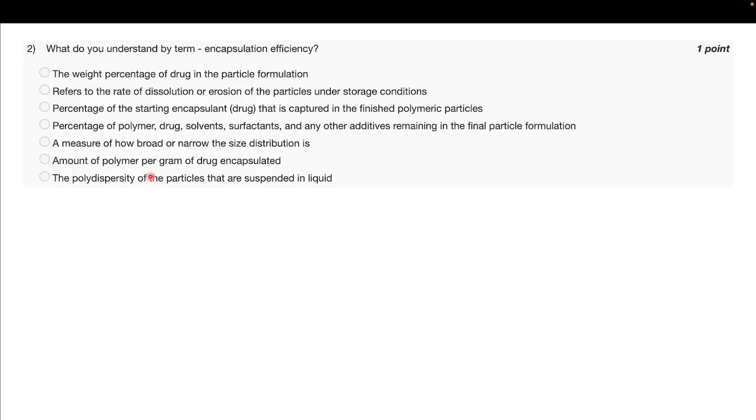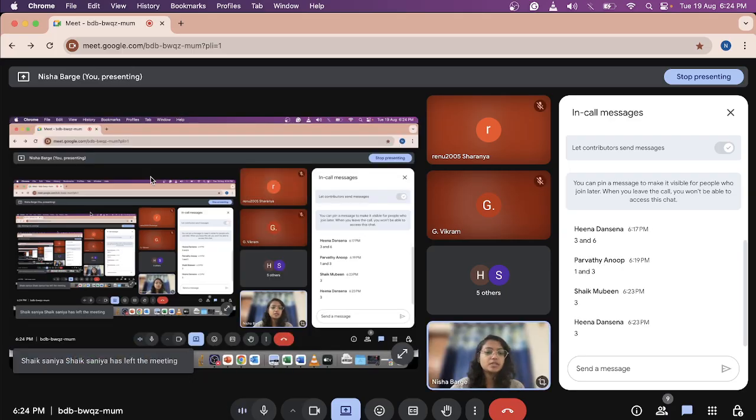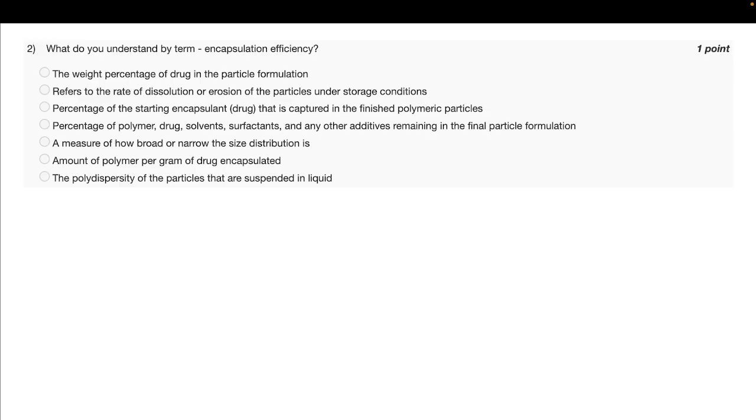We were just talking about encapsulation efficiency in the intro slide as well. So does anybody remember? Some people are trying to answer in the chat box. Okay, someone else is also saying option 3. Thank you for responding.